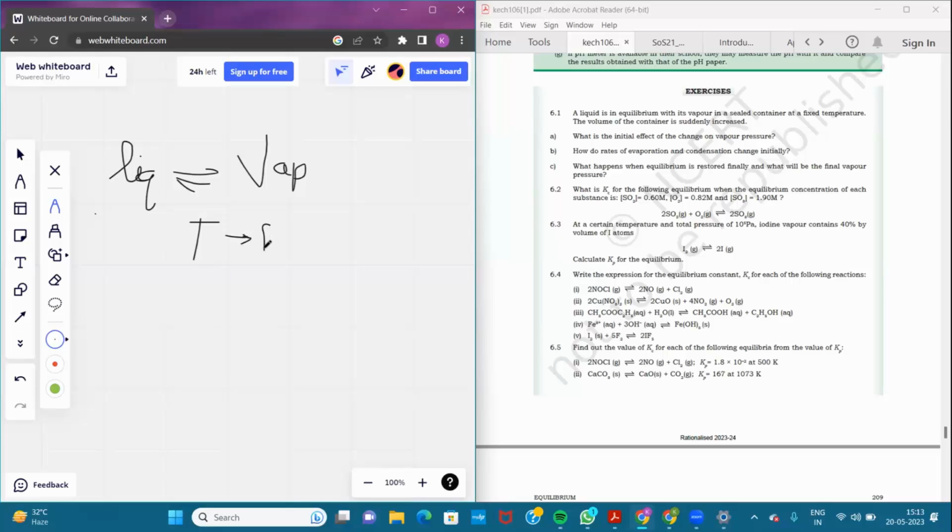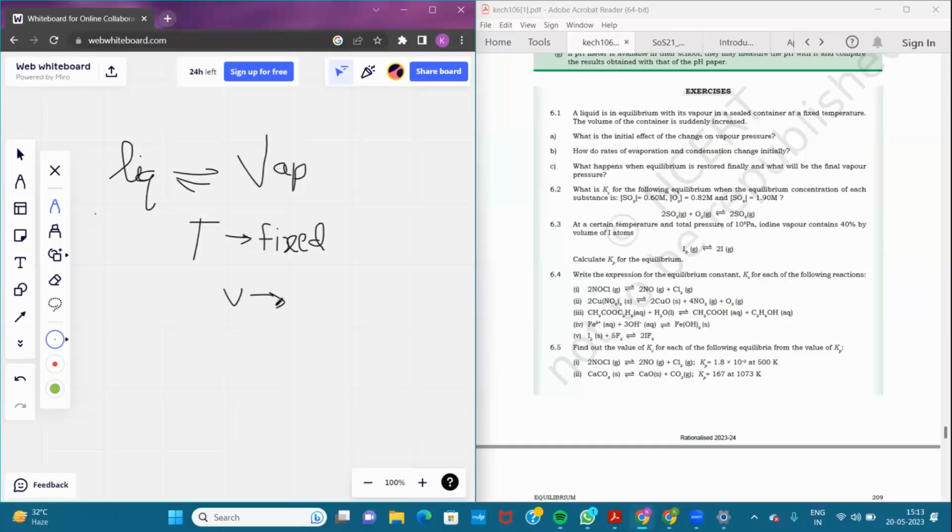So, on increasing volume, we'll have a large volume available in the container. As liquid vaporizes, the vapor exerts less pressure than initial case because so much volume is available.